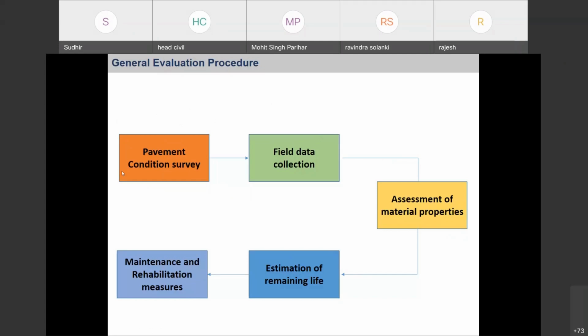In addition to that, it might also involve collecting material from field for assessing material properties. And based on this, deciding what is the pavement condition, and if required, estimating what is the remaining service life. And based on this, deciding what will be the maintenance and rehabilitation measures and what will be its timings. So this is basically a general evaluation procedure.